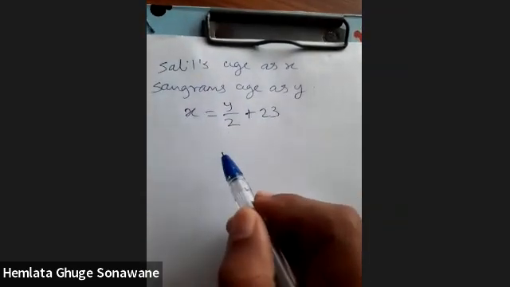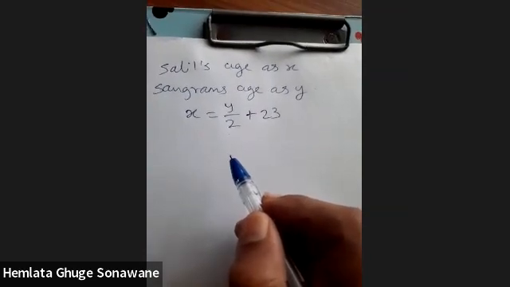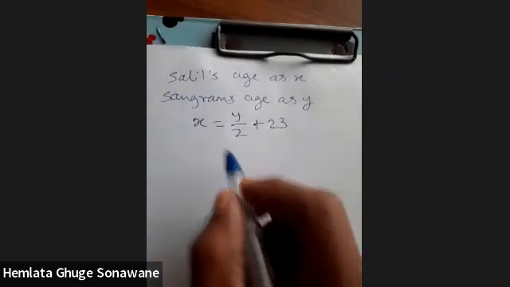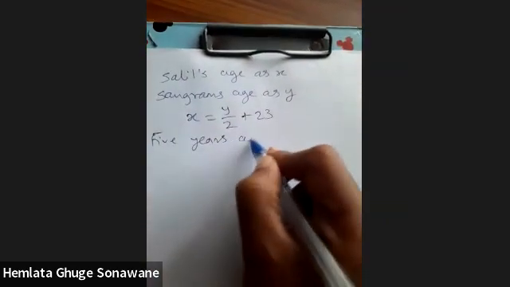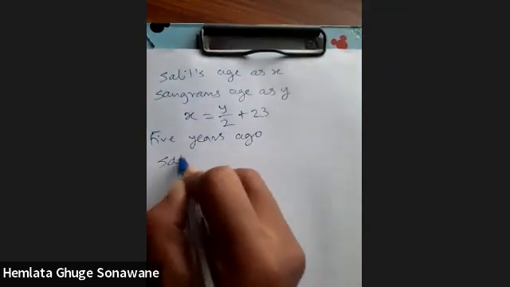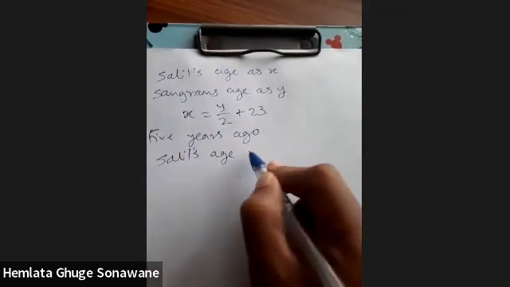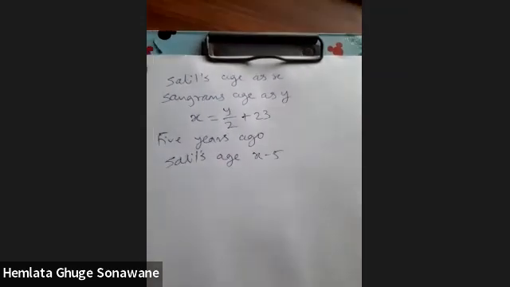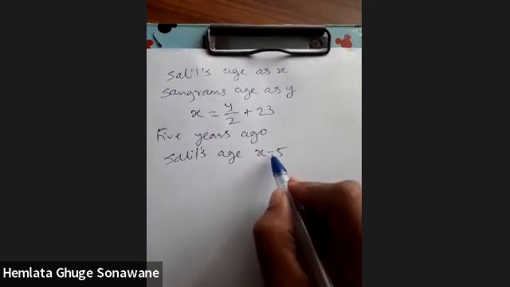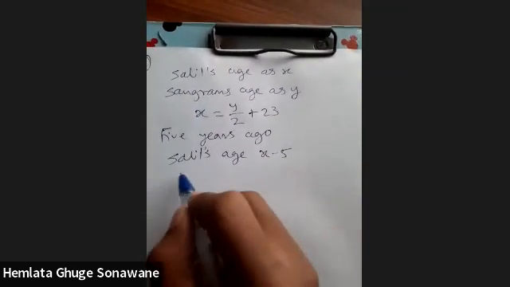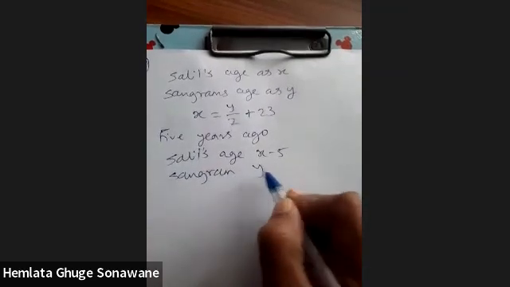Second condition, 5 years ago, the sum of their ages was 55. So 5 years ago, Salil's age was x minus 5, because before that, we subtract 5 from the age. And the same for Sangram's age, y minus 5.